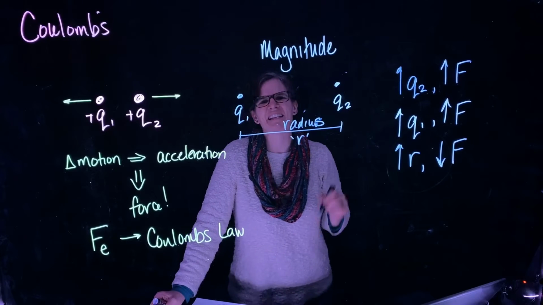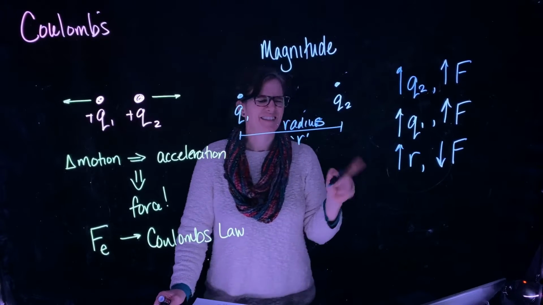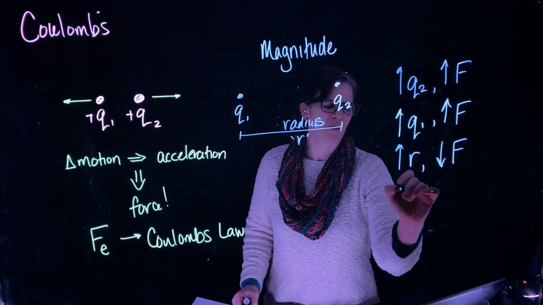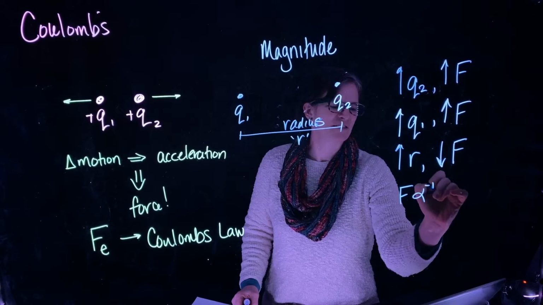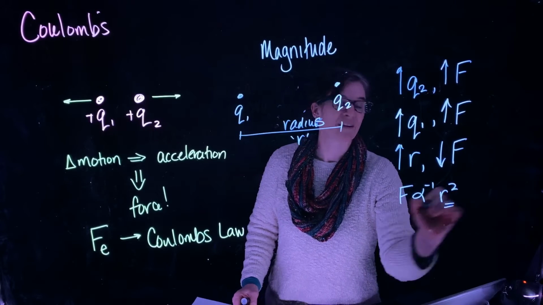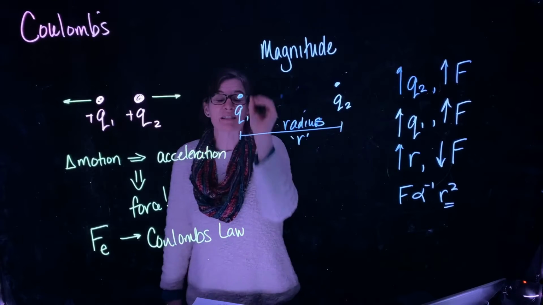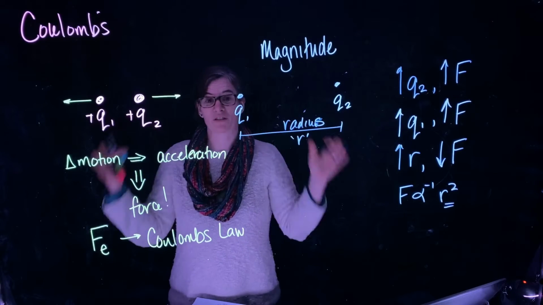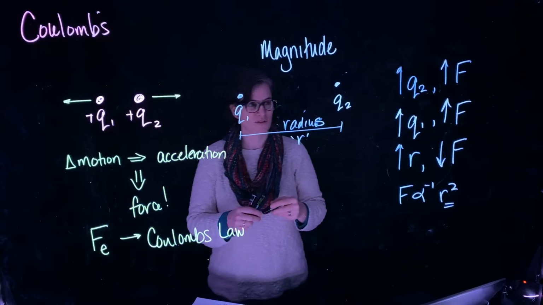And it actually has a pretty big effect. The force is inversely proportional to the radius squared, so even a small change in the radius produces a large change in the force.